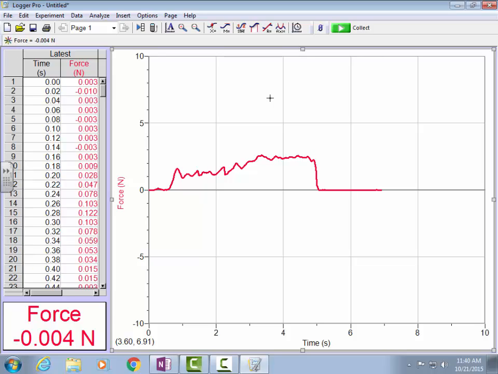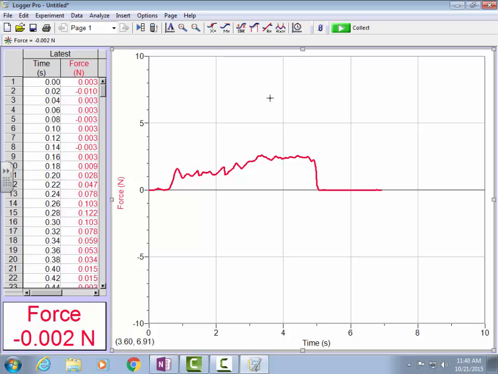I would argue that using the weights would be the more accurate one. Why? Because I can modulate the amount of mass that I add on to the hanger in a much more controlled way than I can modulate the force with which I pull.